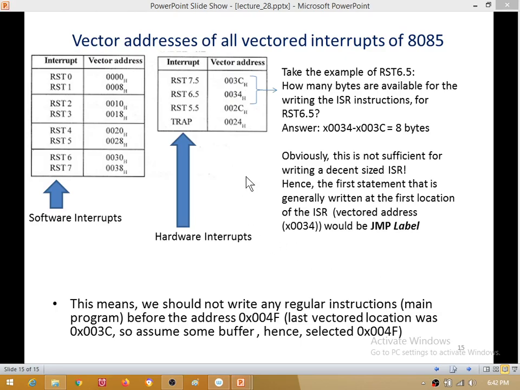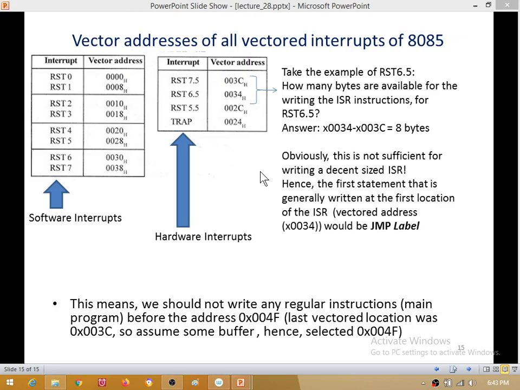Now in general, please note that the instruction memory addresses, indirectly the vector addresses, are already occupied by these interrupts, and up till what point? Up till 003C, which means that addresses roughly up till 0040 are already occupied as the vector addresses of your various interrupts.